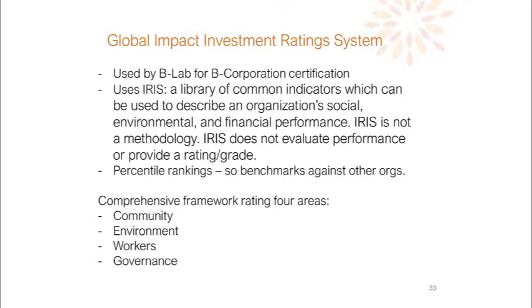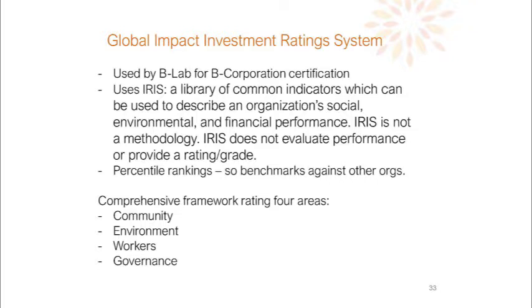We were asked before, is there a list of indicators somewhere? Yes, IRIS is one. The indicators can be used to describe an organisation's social, environmental and financial performance. It's not a method, it doesn't tell you how to use them. It's just a list, really. It does not evaluate performance or provide a rating or grade.